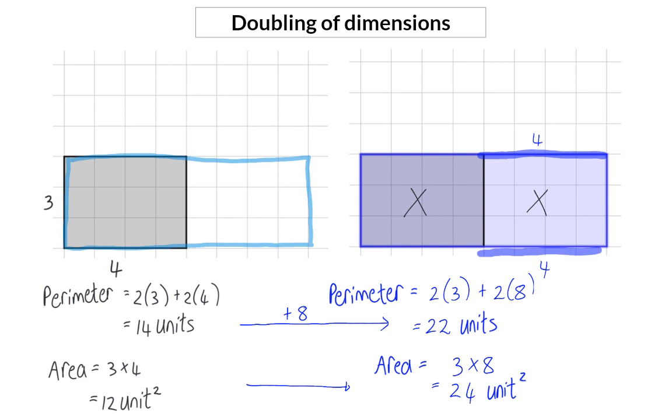And this time that is exactly double the original area. So in our first example, both dimensions, length and breadth, were doubled, and that meant that our area was doubled twice, so it became 4 times bigger. In our second example, only our breadth was doubled, and that caused the area to double.